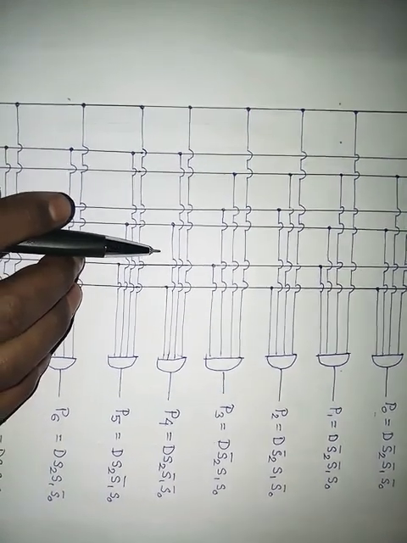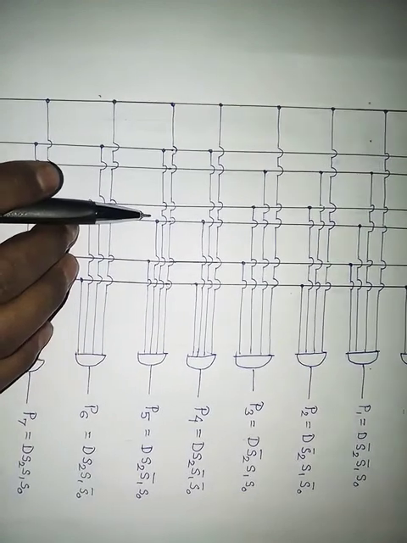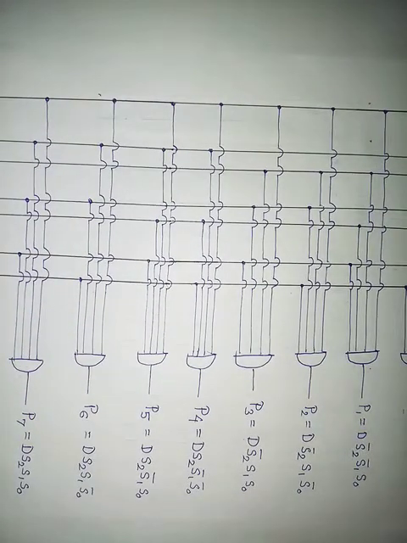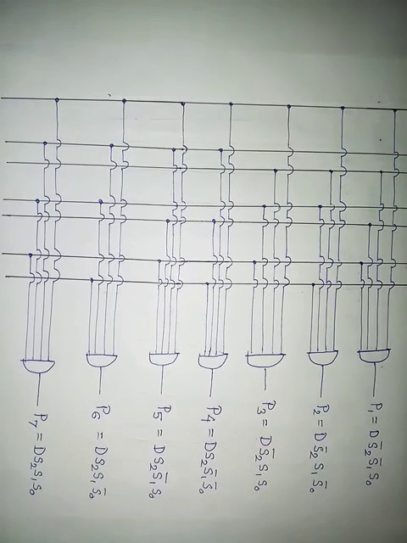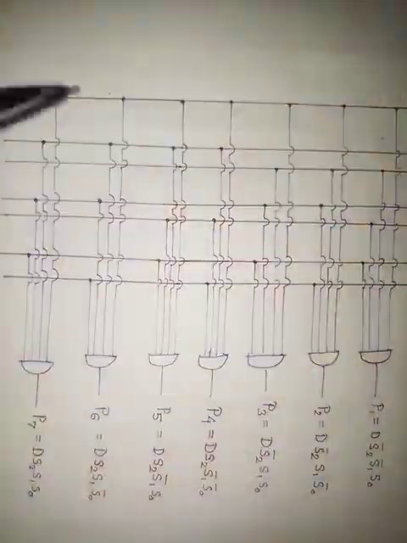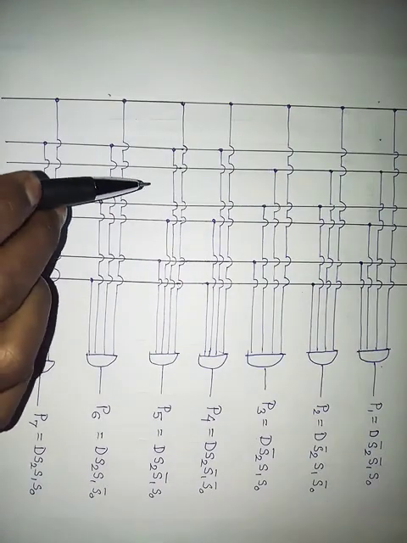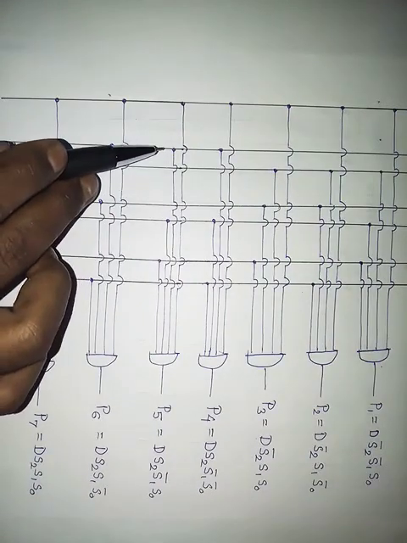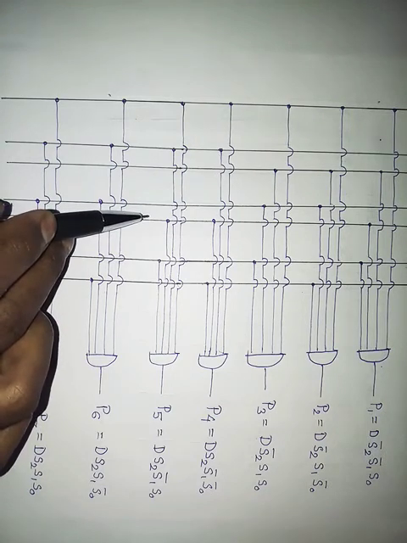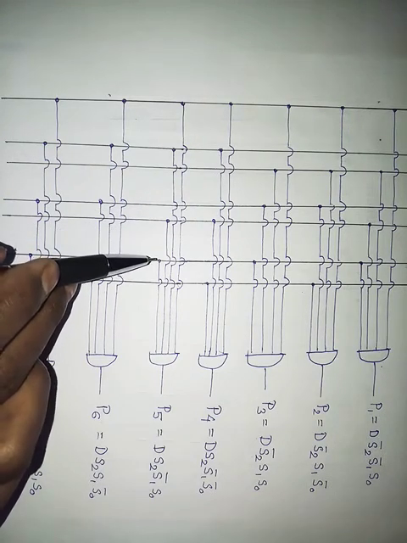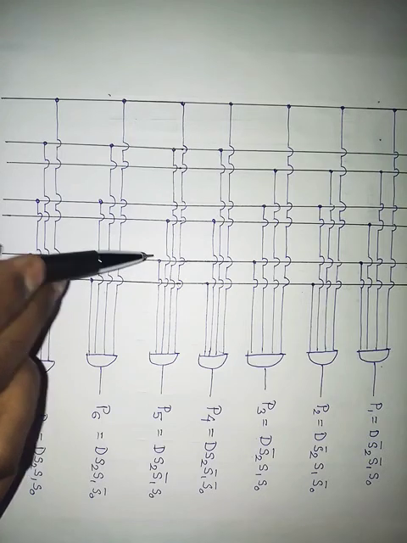Now coming to the P5 line, that is our sixth data output. See, for 5 binary combination is 101. So for 101, 1 that is S2 coming from real line, 0 that is S1 coming from inverted line, and also S0 coming from real line.